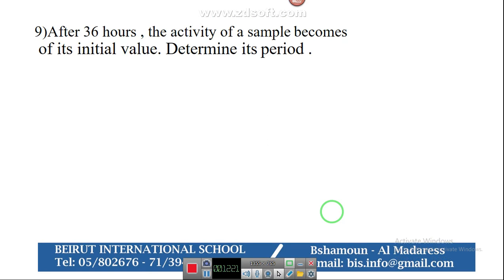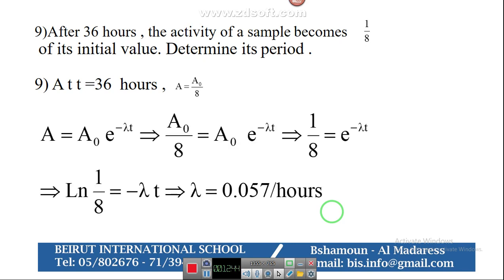Problem number 9. After 36 hours, the activity of the sample becomes 1 over 8 of its initial value. Determine its period. First of all, t equals 36 hours, A equals A0 over 8. We have to find the period. First formula, A equals A0 e to the power minus lambda t.